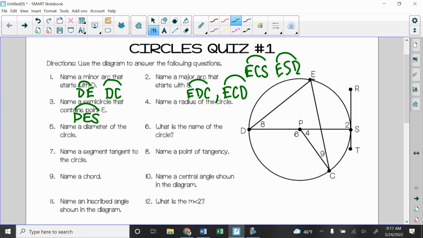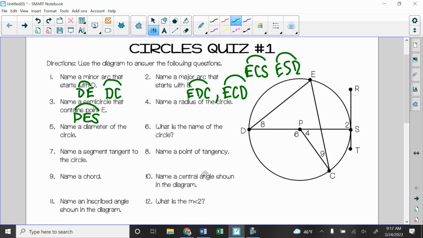ESD would go like this. See how it's more than 180? Okay, name a radius. Oh, go ahead. E. No, because that would be this whole thing, EDS.